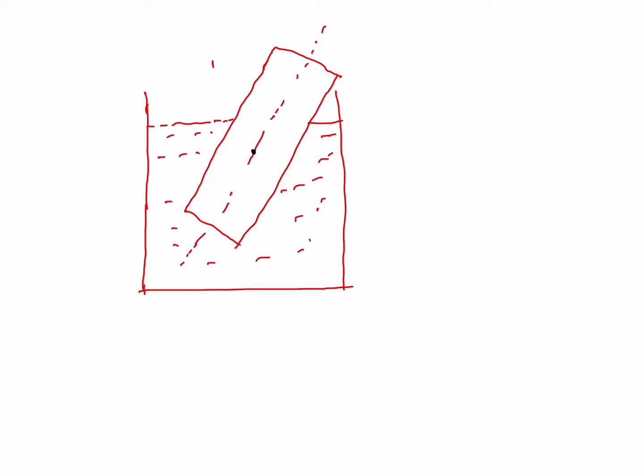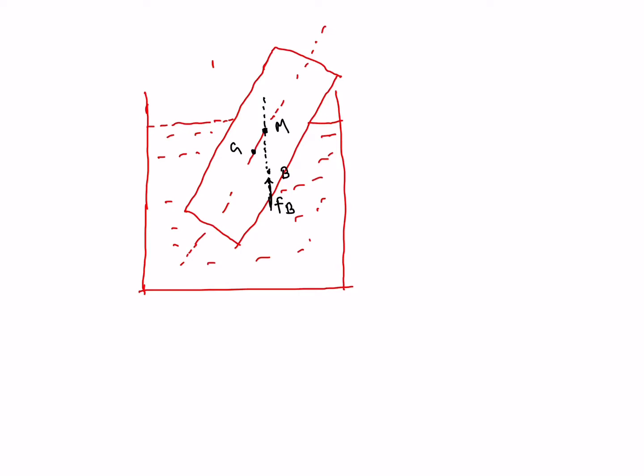If you tilt the body, it will shift the B point, the center of buoyancy point. This one is the G point, the center of gravity. The force of buoyancy acts upwards, and where it cuts the axis, that point is your metacenter M. Metacenter is the point where the force of buoyancy or FB cuts the axis of the body after tilting. So the M point is your metacenter point.